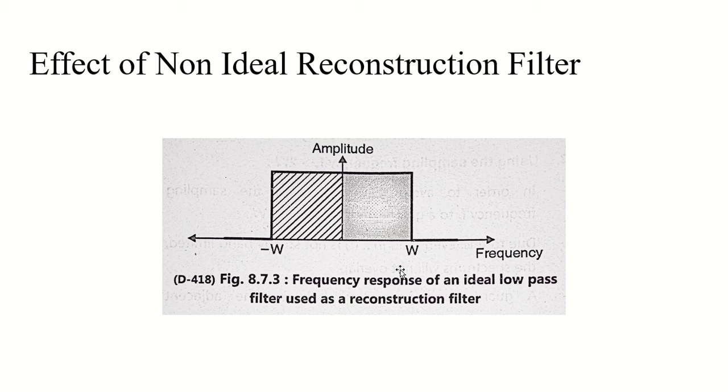This is because the original signal x of t is a band limited signal with band omega, so it will go from minus omega to plus omega. Its frequency response would look something like this, going from minus omega to plus omega. That would be your reconstruction filter, and this is also the frequency response of an ideal low pass filter.